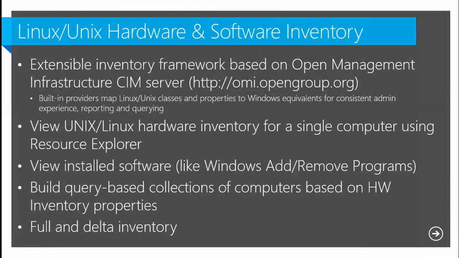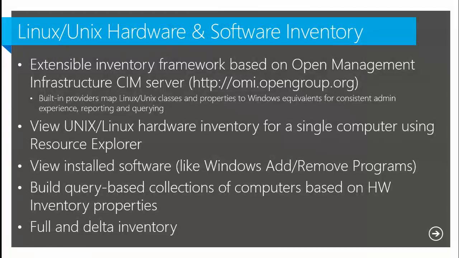it up. And we actually map those classes and properties that we collect through hardware and software inventory to the Windows equivalent classes as well. And we do that so that on the server side, you have consistent reporting, you have consistent capabilities with regard to making query-based collections and leveraging the hardware and software inventory to make intelligent deployment decisions.